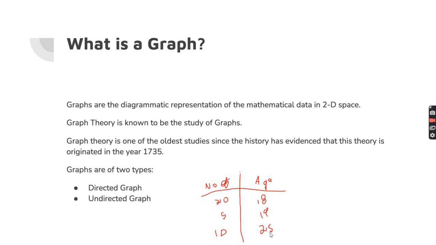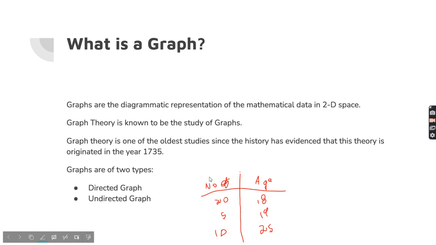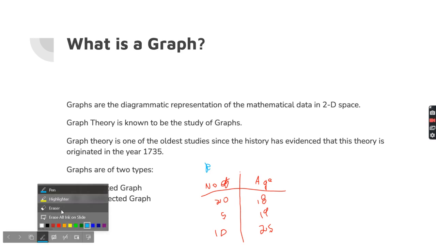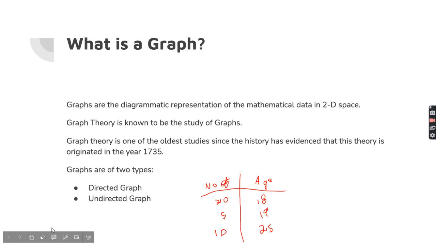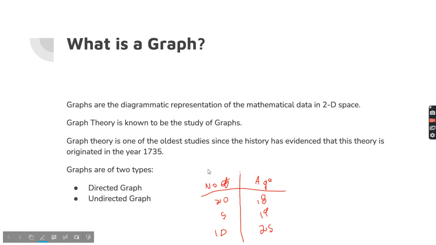Now we have a table with data where we can take the number of people on the x-axis and the age under the y-axis.